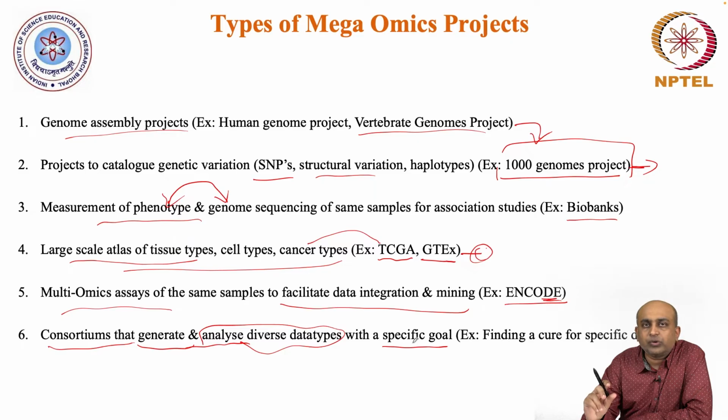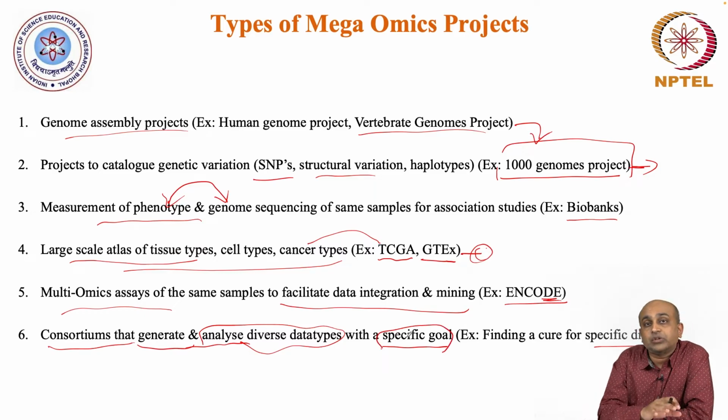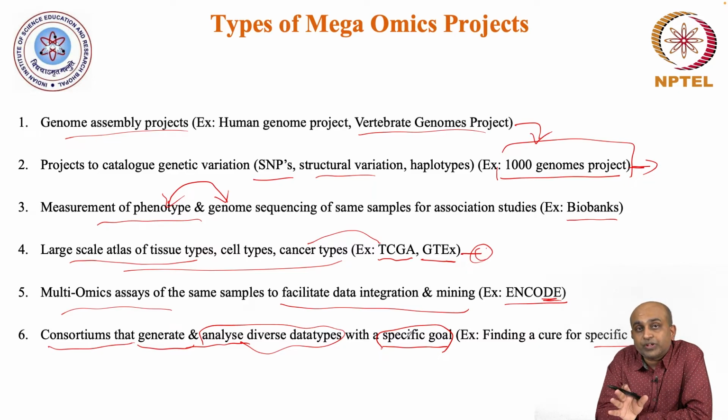But you can have a more specific goal, like you want to find a cure for some specific disease, right? There may be some disease which is a very pressing, urgent matter for a particular group of people. So they can come together, pool resources and try to solve that. So there can be a very specific goal that you generate all this data, you analyze all this data, so that you can achieve this goal of maybe finding a cure for the disease, or at least understanding the biology of this disease in a better way, right?